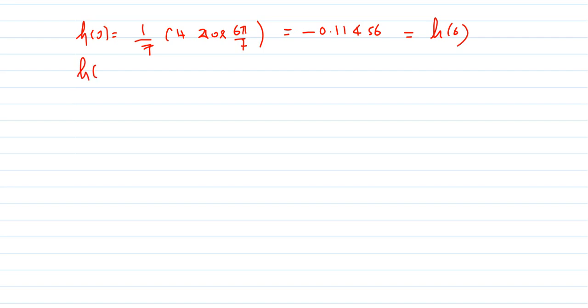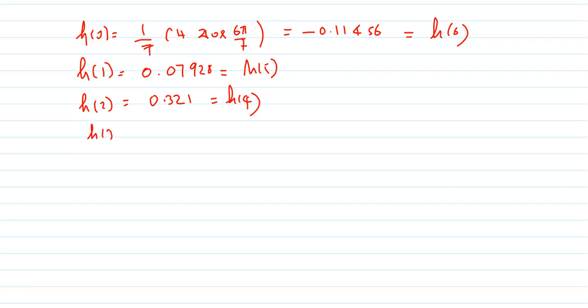Similarly, h of 1, if you solve it, you will get 0.07928, which will be equal to h of 5. Similarly, h of 2 is equal to 0.321, which is equal to h of 4, and h of 3 will be 0.42857.